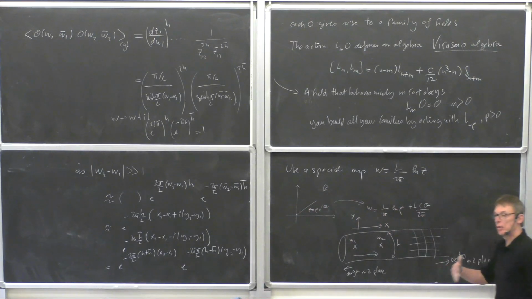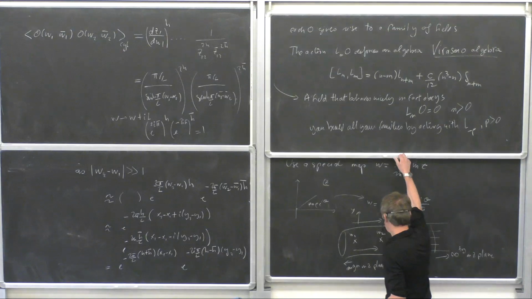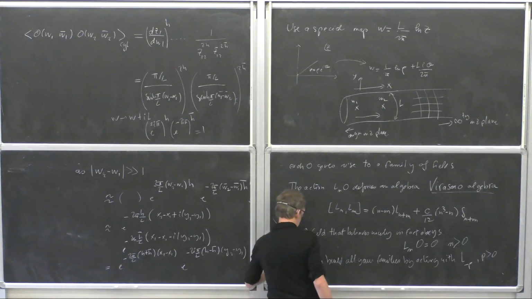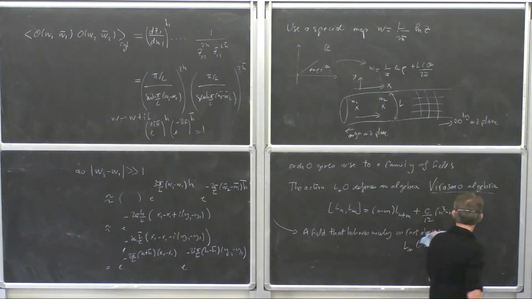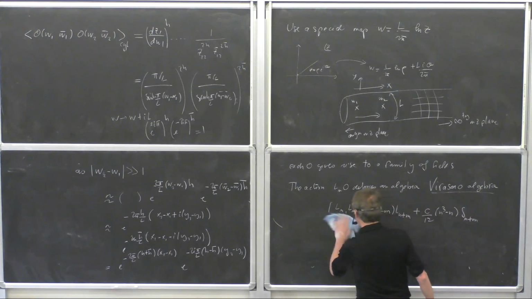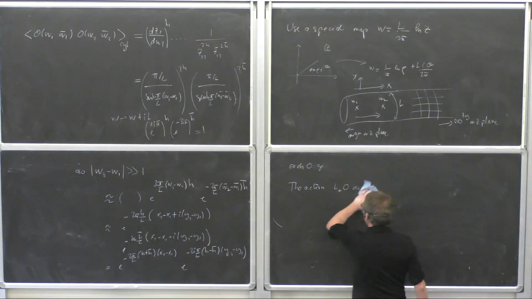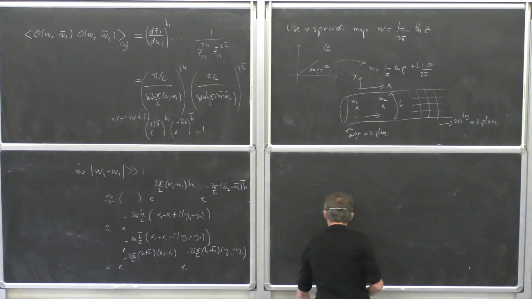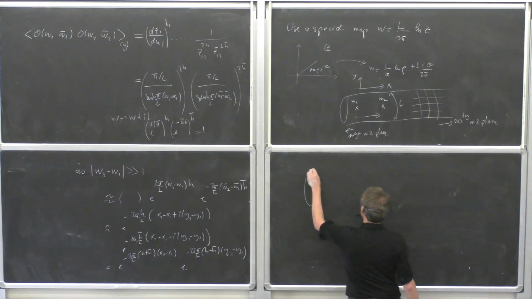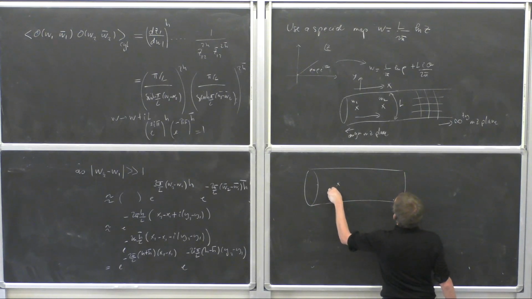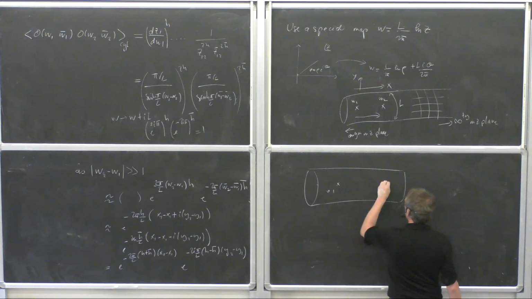And now imagine calculating this correlation function not in conformal field theory, but from the lattice point of view. What do you get when you do this correlation function from the lattice point of view? Well, you calculate it using a transfer matrix. Here's your point 1, here's your point 2.